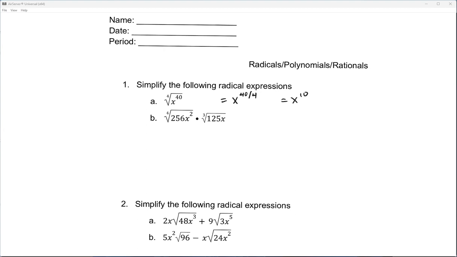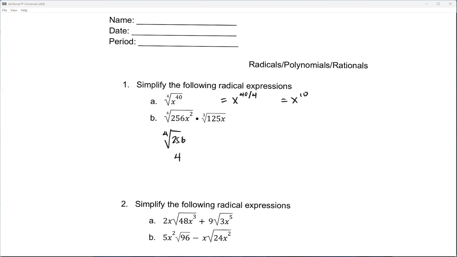Okay. Letter B, I would convert this over. So 256 is, I believe, 4, right? 4 times 4 times 4 times 4, 64 times 4, 256. So the 4th root of 256 is equal to 4.